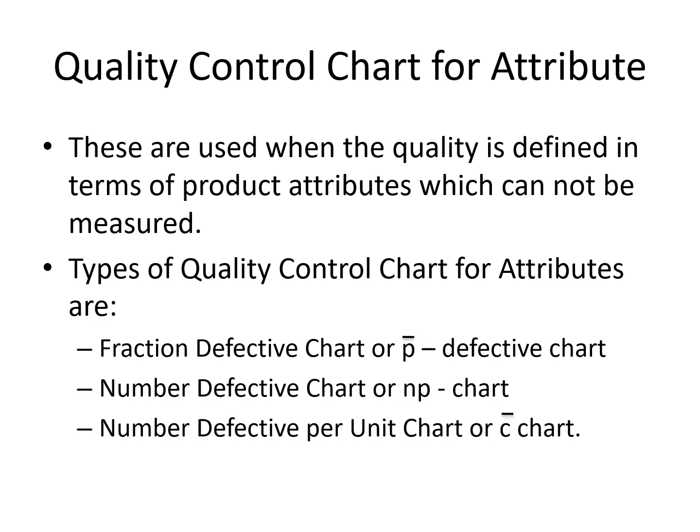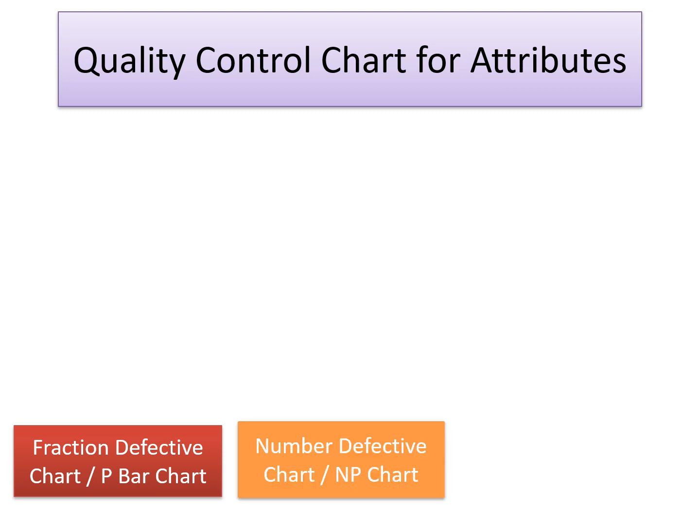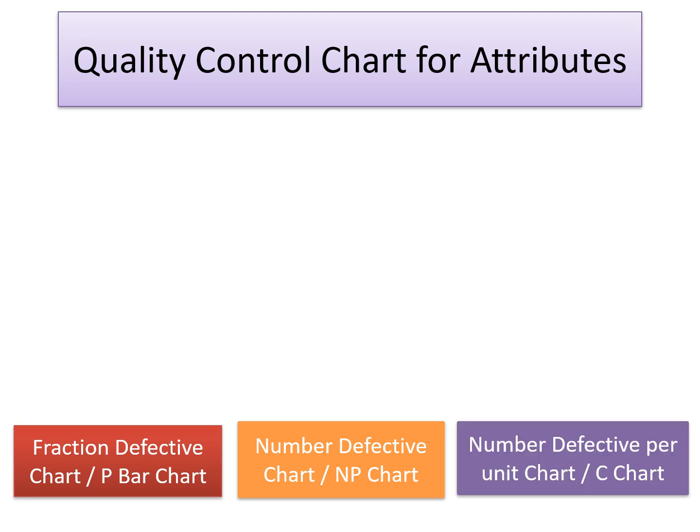Then we have the NP chart, or the number defective chart, and finally the C chart, or the number defective per unit chart. All these three charts are used in different scenarios, which we will discuss in the next slide.